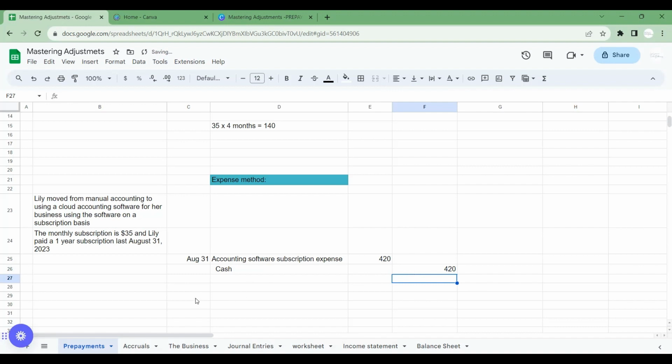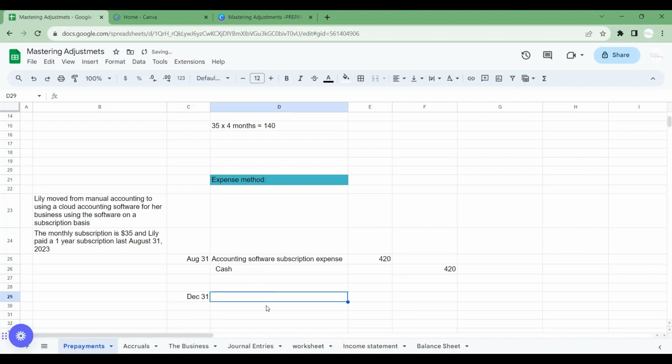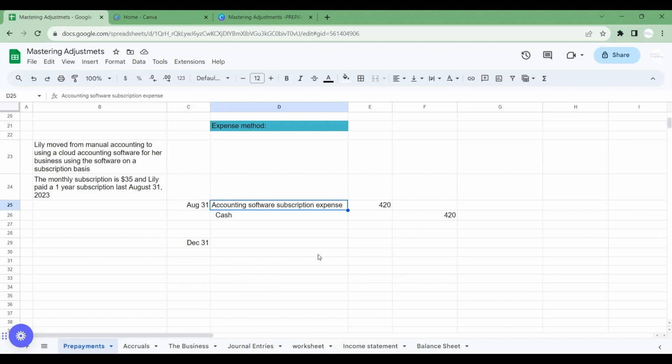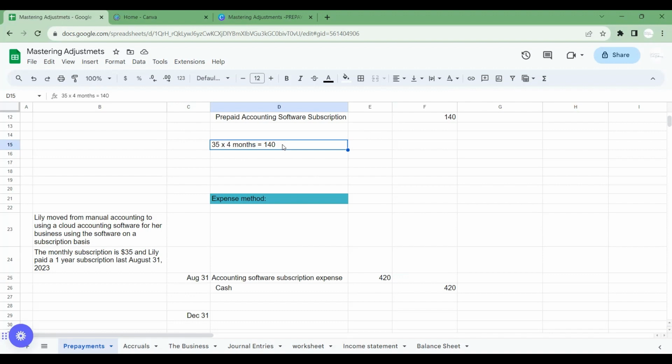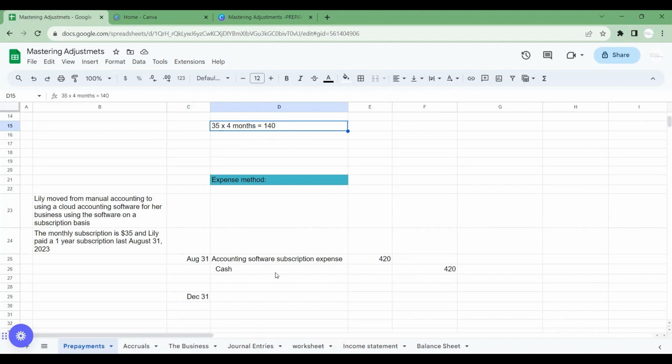So on December 31, our question is, how much is the expense portion of the accounting software subscription expense, and how much is the asset or the unused portion? We have already computed the expense portion, which is 140.